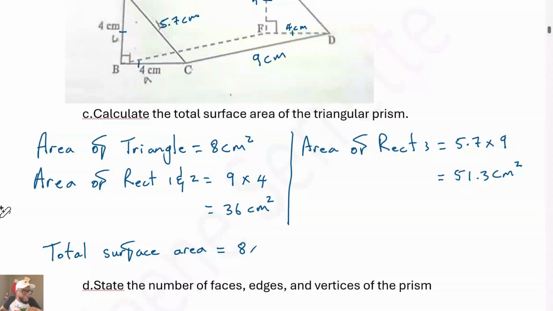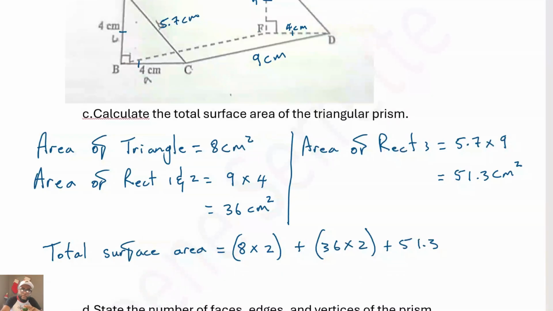This 8, are we just adding 8 alone or 8 multiplied by something? 8 by 4, because it's 2 triangles, plus 36 by 2, plus 51.3. When you add it up, Tyrese? Somebody second that. I get 139.3. 131?